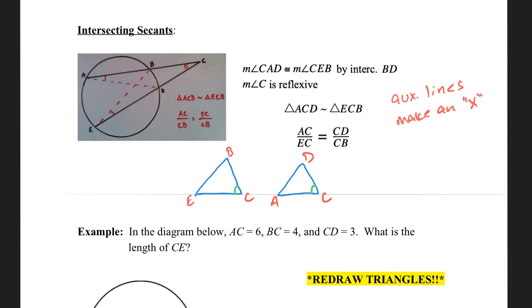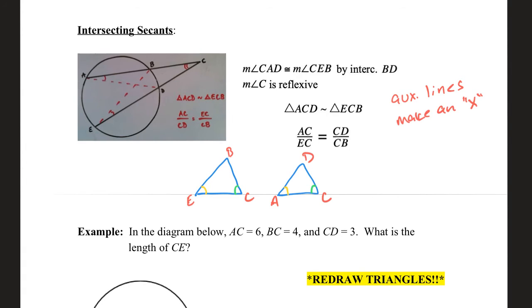C is equivalent to C, and then we got E is equivalent to A. So there we go. Now you can see that EC right here is corresponding to AC, which is right here, EC and AC. Corresponding sides BC and DC are over here.